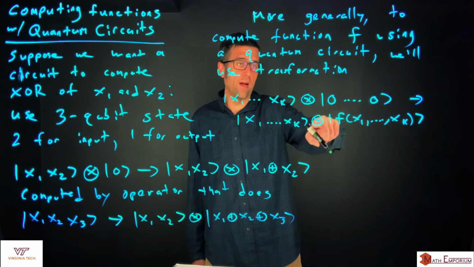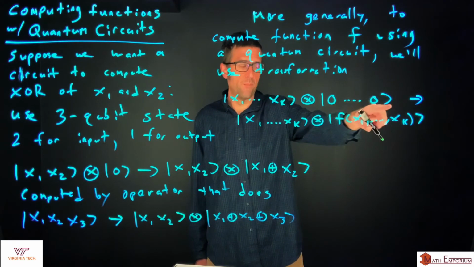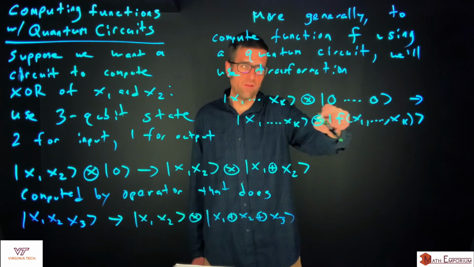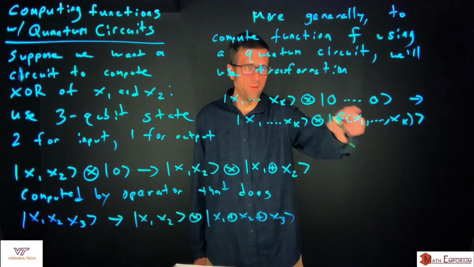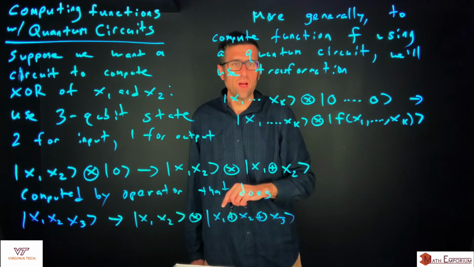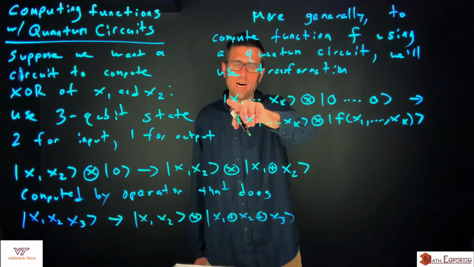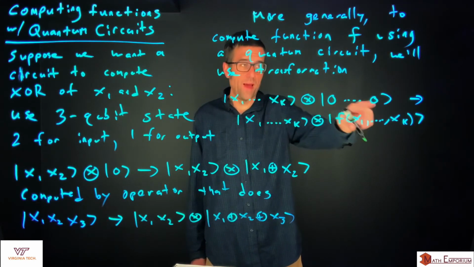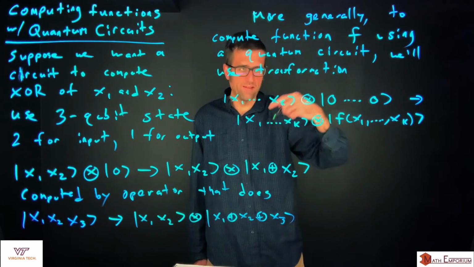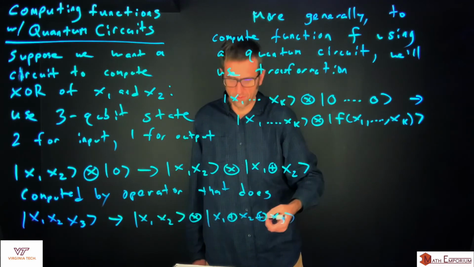Again, what's going on here is that if we initialize this with anything other than zeros, then we would be doing a bitwise XOR of whatever these initialized bits were with the output, but we really only care about this case. And notice that what we're saying is what the effect is on a computational basis vector here, so we would extend that thing linearly to a unitary transformation.